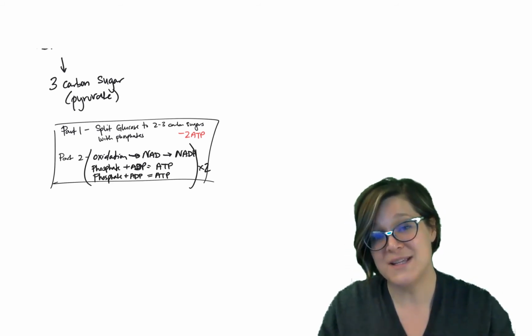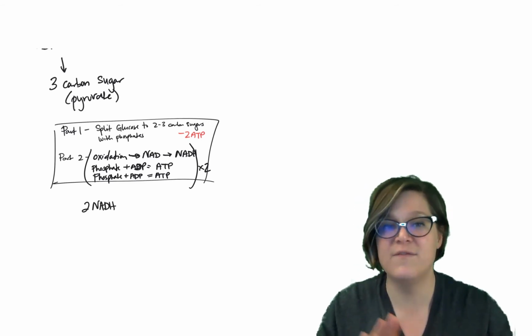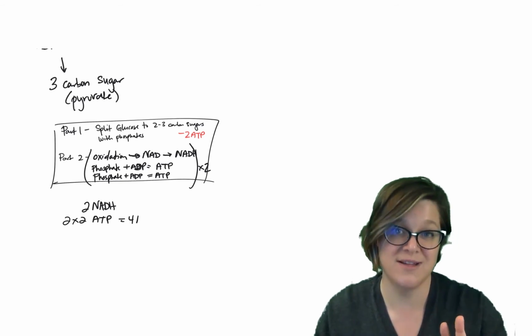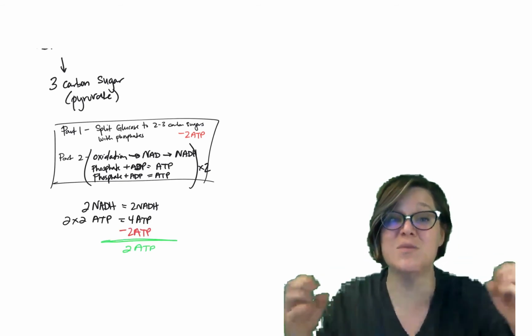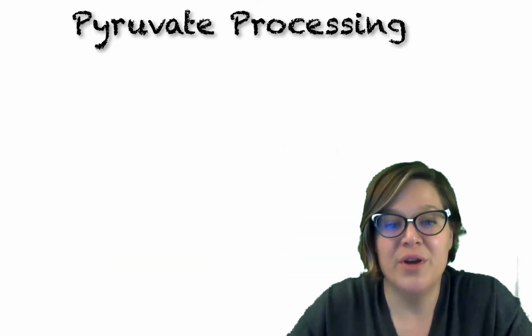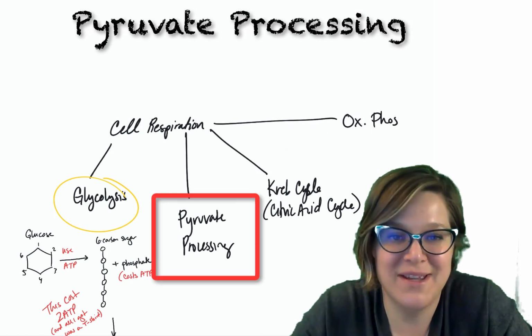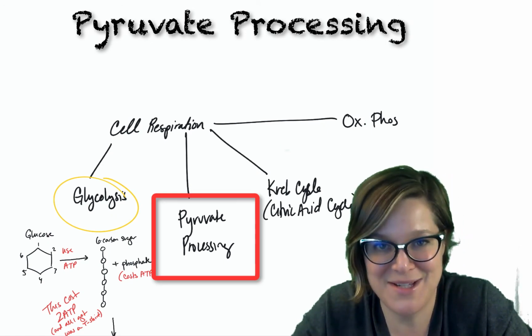So basically where we're at now is we spent 2 ATP, but we made 4 ATP and 2 NADH. Now, where am I getting those numbers from? Well, we split it into 2 3 carbon sugars, so we do that cycle twice. Whew.